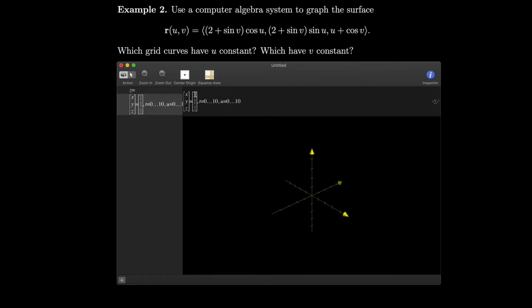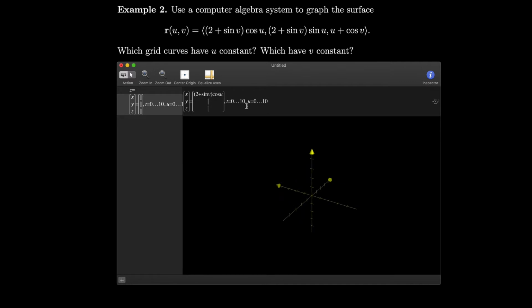For x, we will put in (2 + sin v), in parentheses, multiplied by cos u.